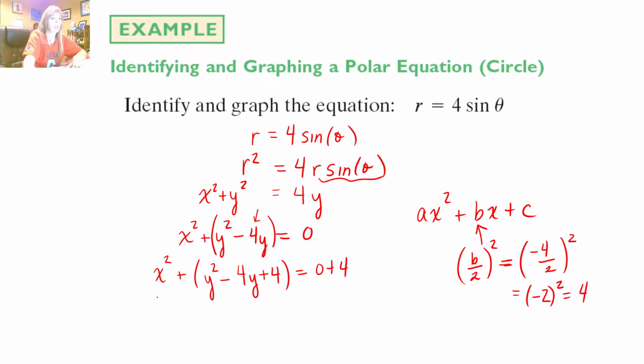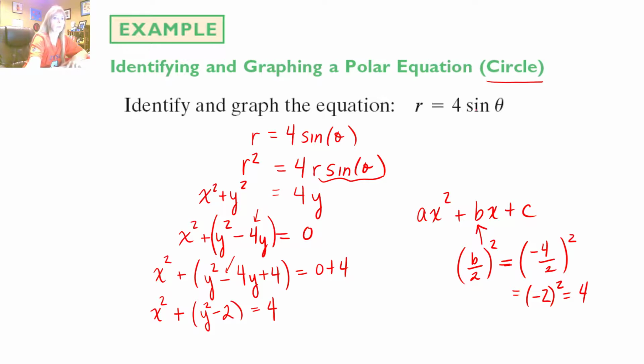Done good. And the reason you do this whole completing the square is so now you can factor. So I've made this a perfect square. In other words, this becomes y squared minus 2, because of that minus right there, equals 4. So I know that this is a circle.